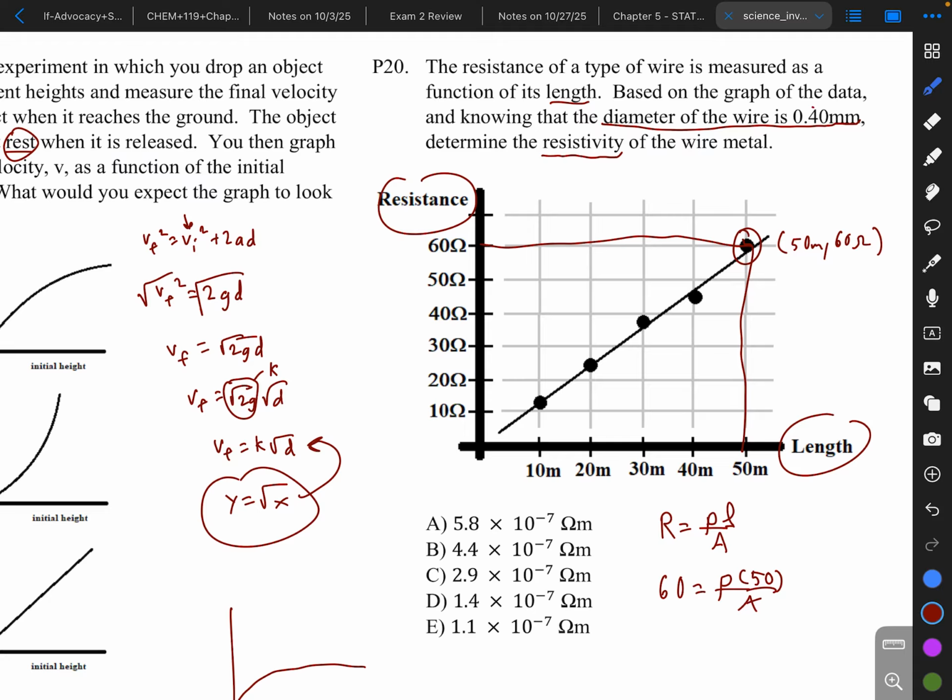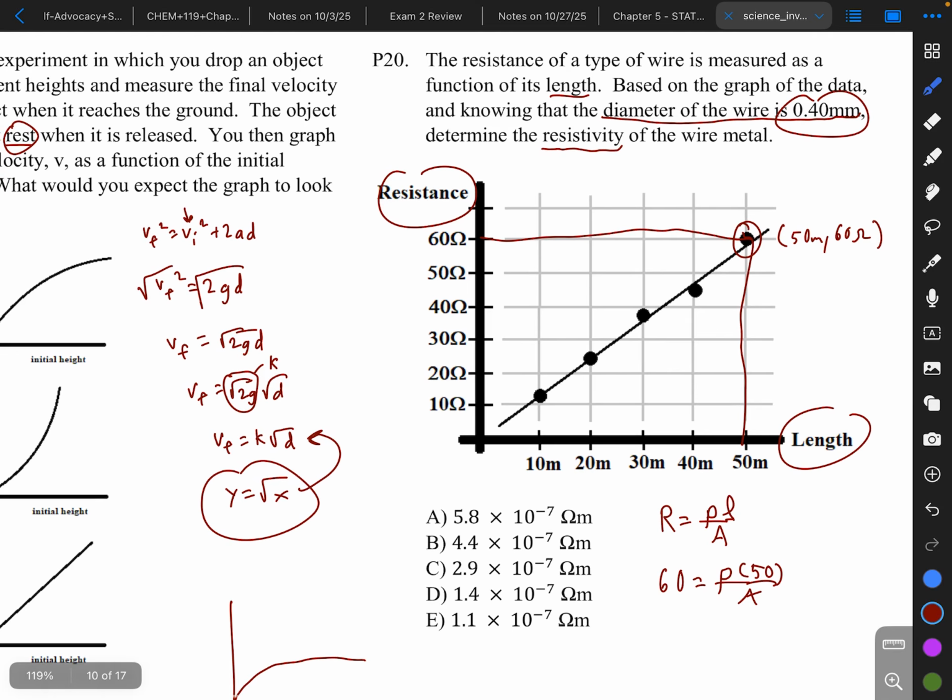And we know the diameter of the wire is 0.4 millimeters. We're asked to find the area, the cross-sectional area, so basically the area of the circle. So the diameter is 0.4 millimeters. The radius is 0.2 millimeters, or 2 times 10 to the negative 4 meters.